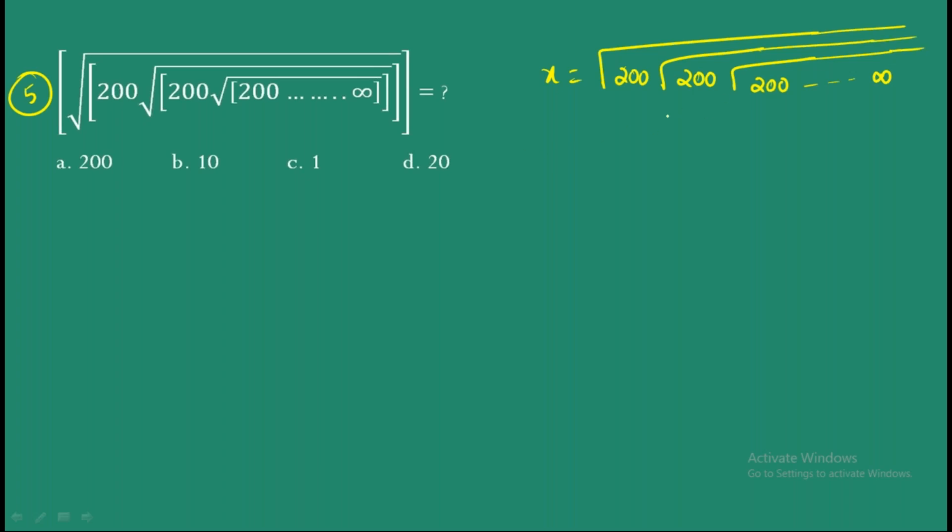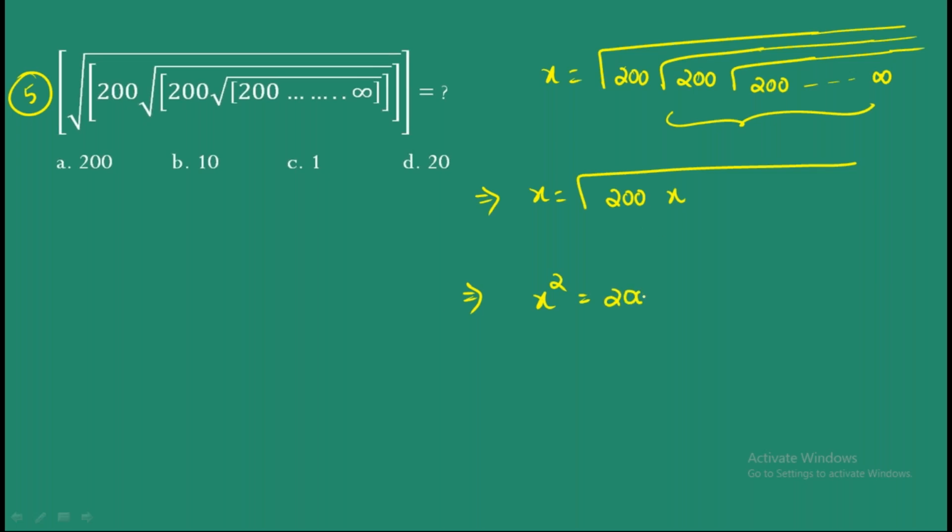See this, this also looks like x, right? So this next term also looks like x. So you do squaring on both sides. We can say x square equal to 200x. We can put this as x taking common.